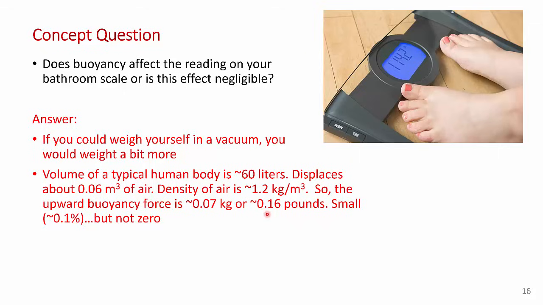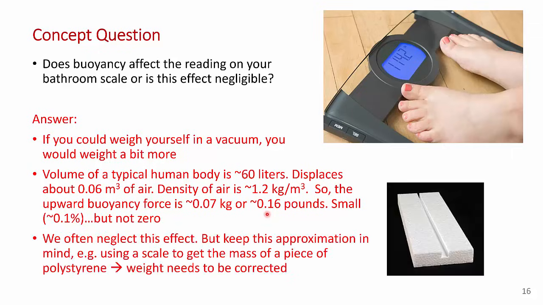So if you're weighing steel or something that's very high density relative to the density of air, then you're probably okay to neglect the buoyancy effect. But you should really keep this effect in mind. Imagine if you were trying to find the mass of a piece of styrofoam.